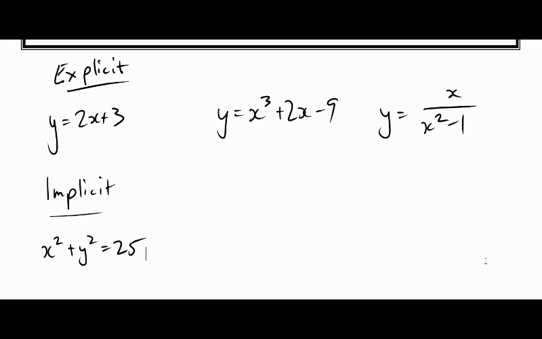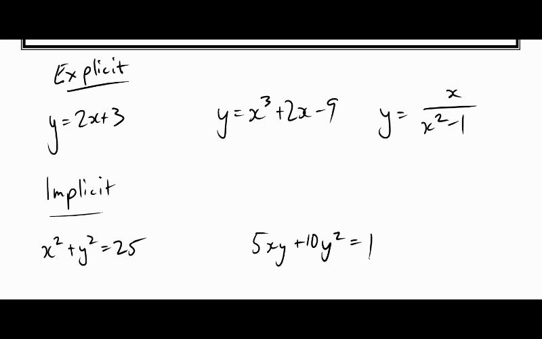But if I show you another one, then you might start to see the difference in an implicit function, or rather, since a circle is not a function, an implicitly stated equation of a curve or relationship, and an explicit one.